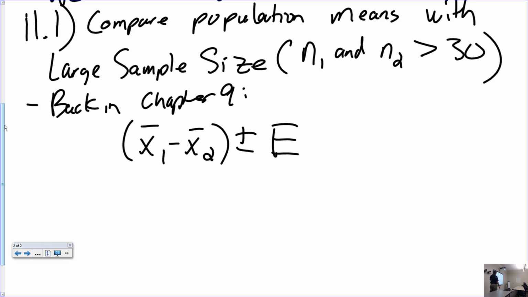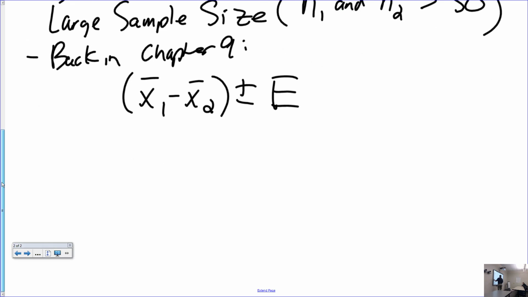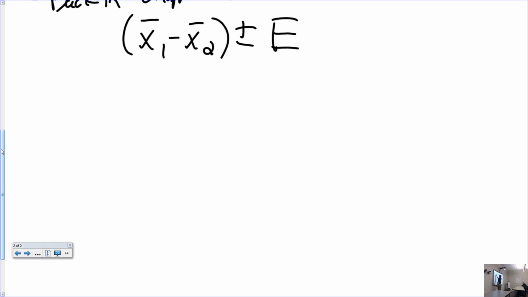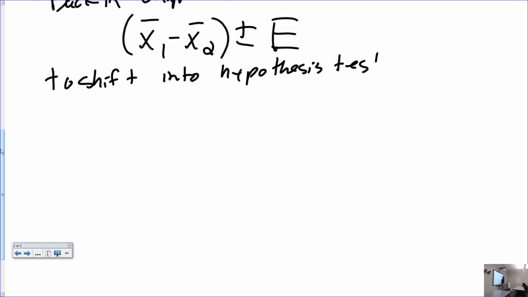So we're going to do something similar, except now we want to be doing it with hypothesis testing, okay? Instead of doing a plus and a minus, now folks, we are actually going to be doing a comparison, right? So we're going to say something like mu1 minus mu2 is going to be more or less or not equal to, well, we're going to start with something along the lines of 0.